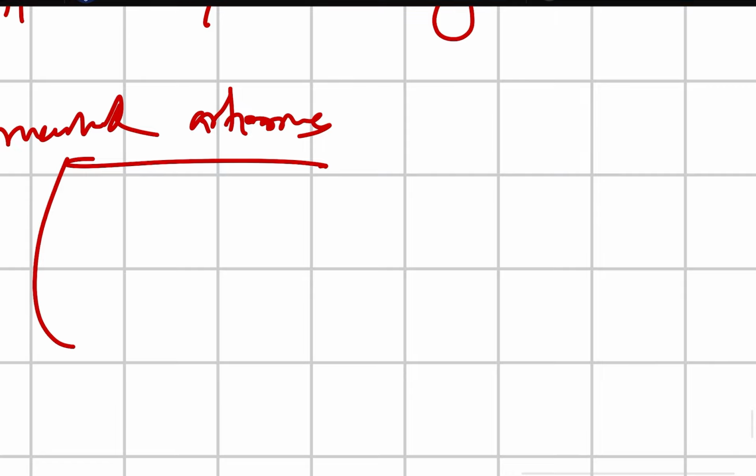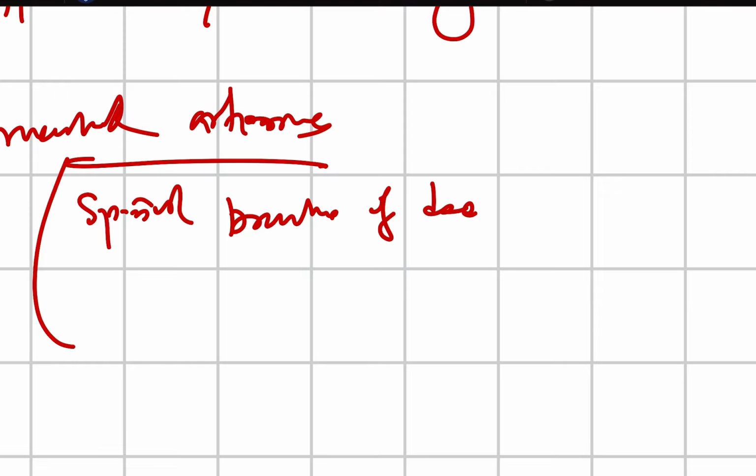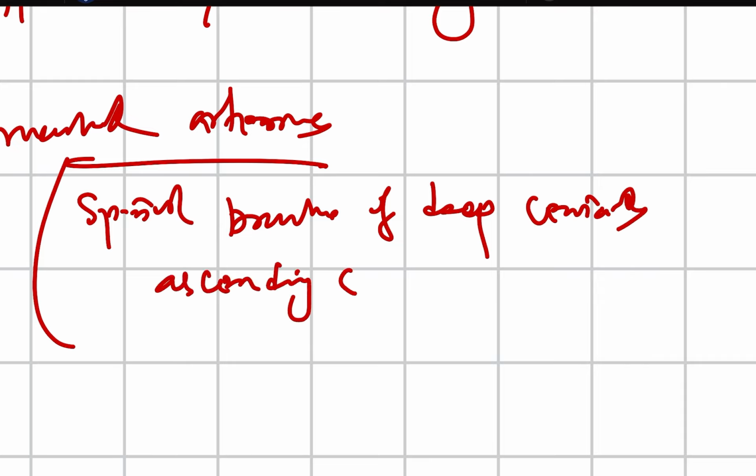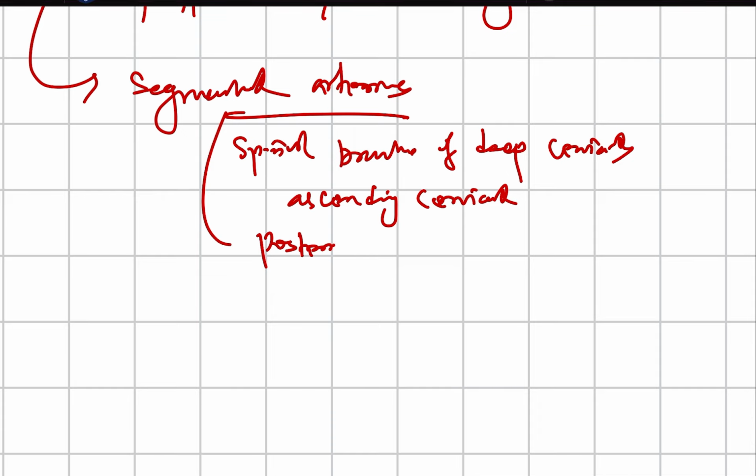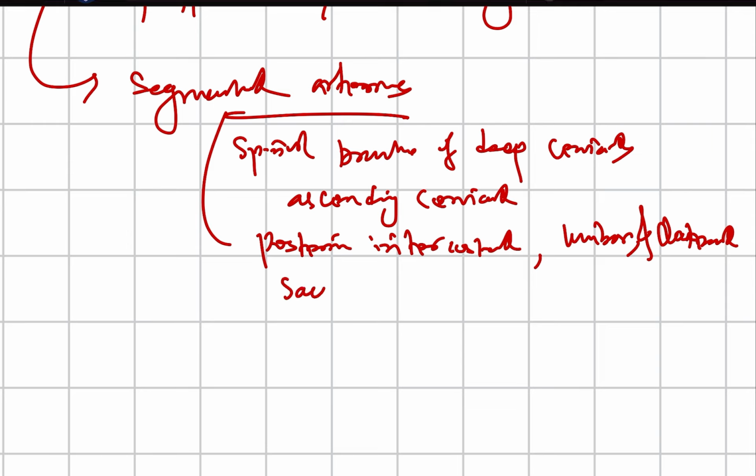In the segmental arteries, there are spinal branches of the deep cervical, ascending cervical, posterior intercostal, and lumbar, and lateral sacral arteries.